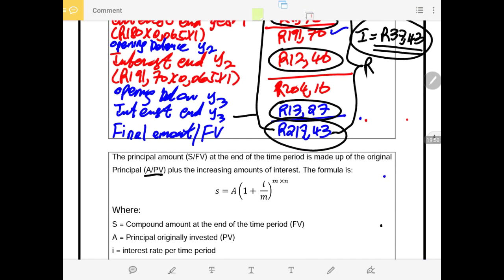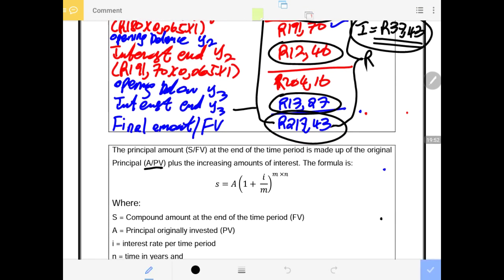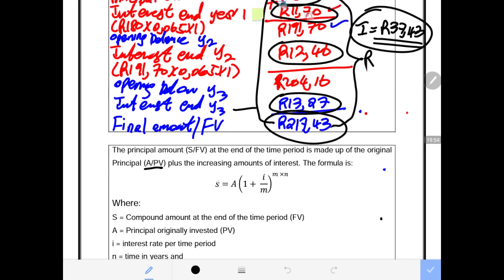Now, it says we can use the formula in this scenario, and the formula says S, which is the sum accumulated, equals A, and we know that A is the present value, times (1 plus i), and we know that our i is the interest, 0.065, divided by m. Remember, we know that m is the frequency of the compounding period in a year, meaning how many times the interest is compounded over the period of a year.